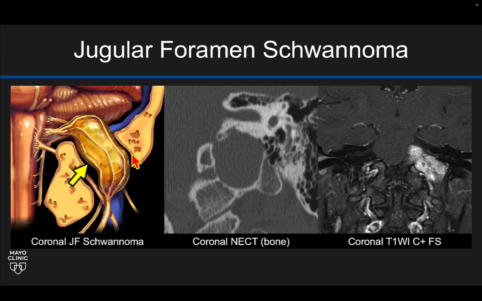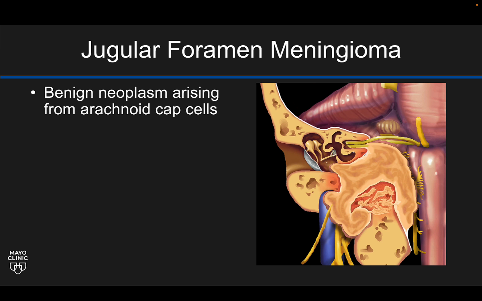It's not chewing it up, but it's slowly expanding it out. That's the same appearance that we're now seeing on this coronal non-contrast CT image. Thin sclerotic margin, but it's expansile. And then when we give contrast, it enhances avidly. You can see these little areas of intramural cystic change, particularly notable whenever schwannomas get larger.